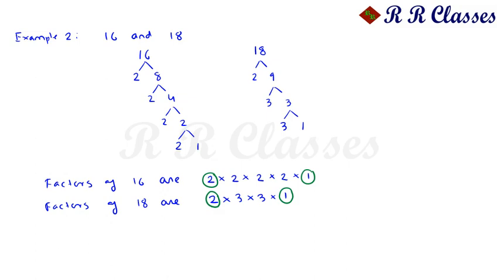Now can you tell me whether 16 and 18 are coprime or not coprime? Now tell me what is the conclusion. Now the final conclusion is 16 and 18 are not coprime numbers.